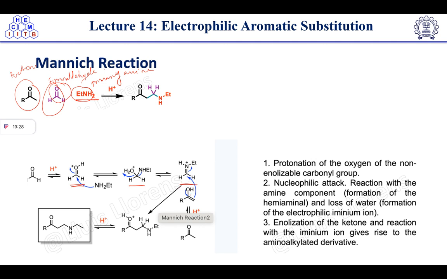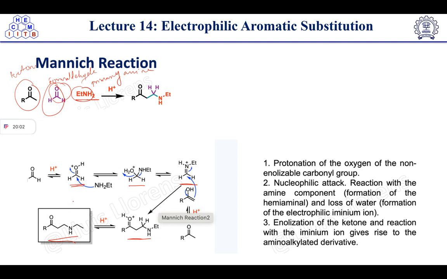After this one, now we know that here this ketone will undergo keto-enol tautomerization, right? So enol formation will take place, and that enol will attack on this iminium ion to form the amino alkylated derivative. So this step here we will get, and after the workup we'll get the desired product, the amino alkylated derivative.